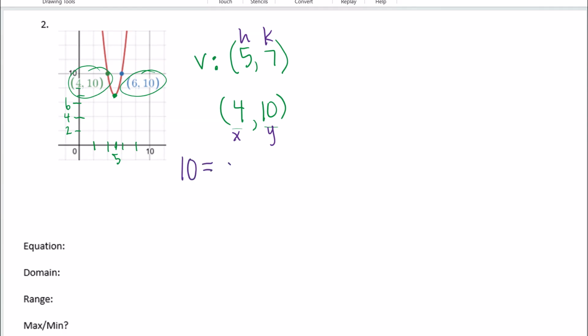So it's going to be y equals, or 10 equals a, we don't know, times x is 4, minus h is 5 squared. And we have plus k, which is plus 7.